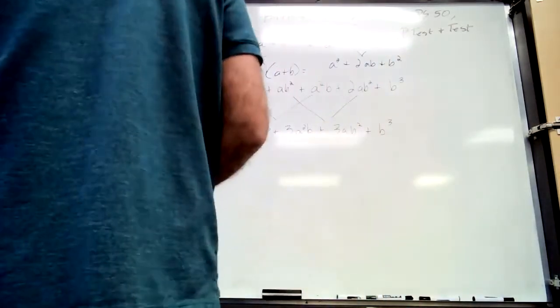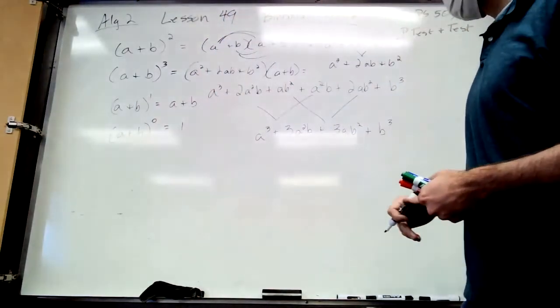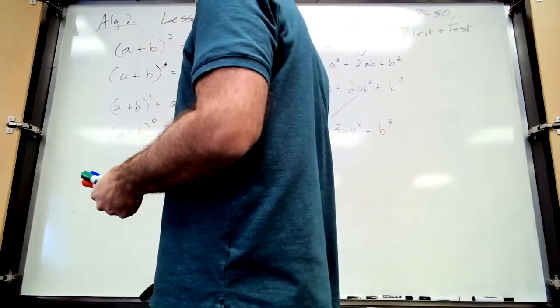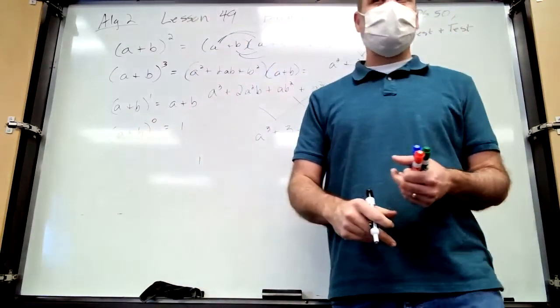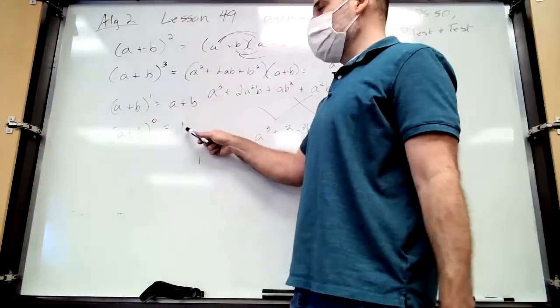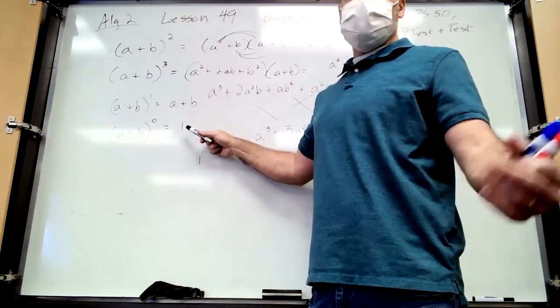Now if I just look at the coefficients of these things, (a plus b) to the 0 is just 1. Remember, the coefficient is what the variable is being multiplied by. So this is technically 1 times z to the 0 or whatever.